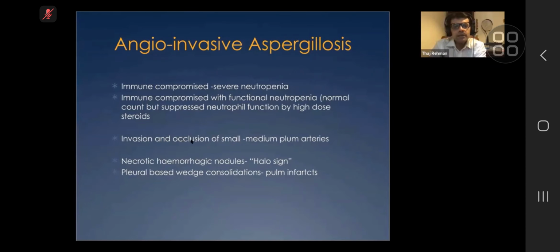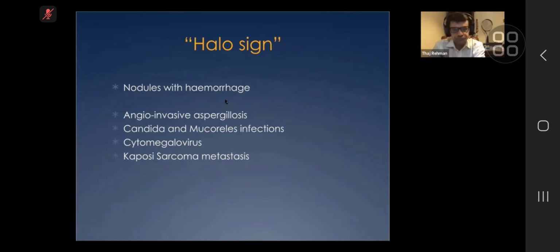What happens is invasion and occlusion of small and medium-sized pulmonary arteries, resulting in necrotic hemorrhagic nodules with halo sign, or pleural-based wedge consolidations, which are actually pulmonary infarcts. So multiple nodules with surrounding hemorrhage, halo sign, or multiple pulmonary infarctions are the features of angio-invasive aspergillosis.